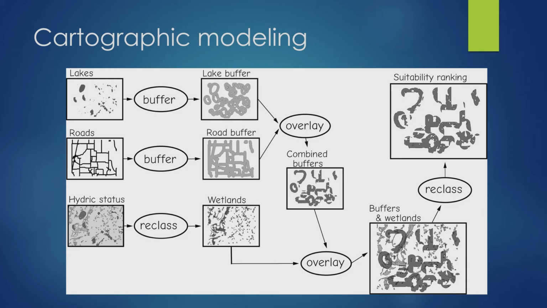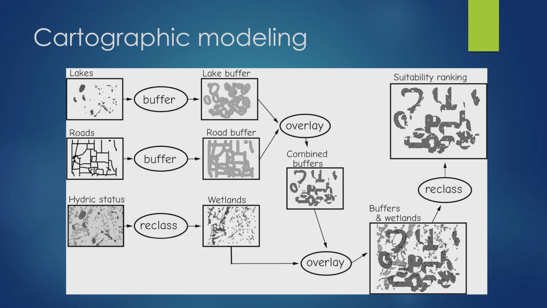We went to a particular column and said, okay, I only want, we did it with soils, I think, in another lab, I only want these types of areas. So we're reclassing the hydric status to wetlands. These are the wetlands where this particular animal likes to live.